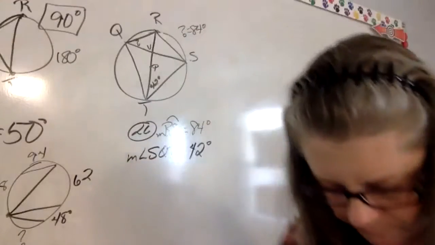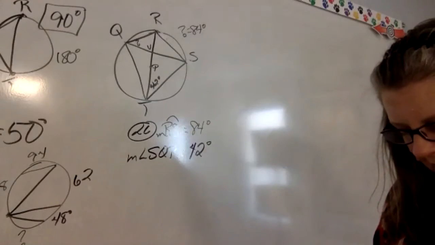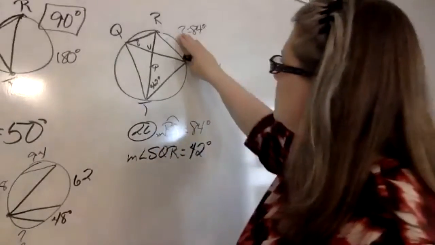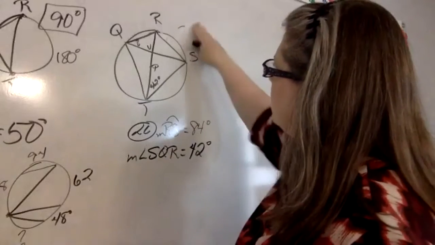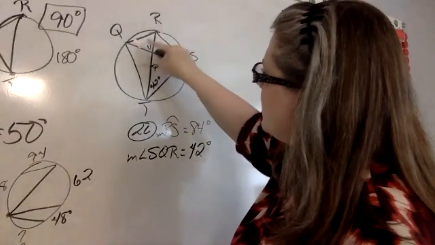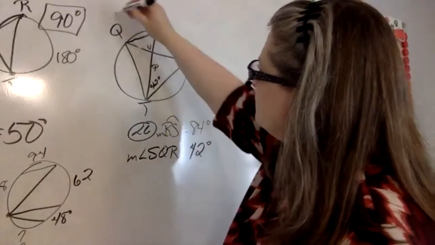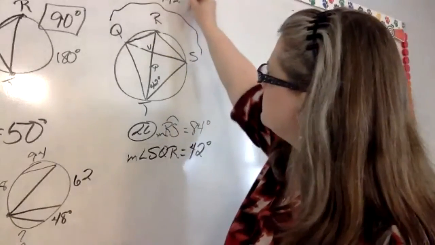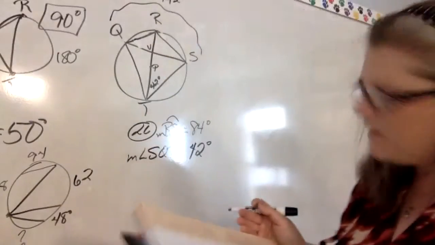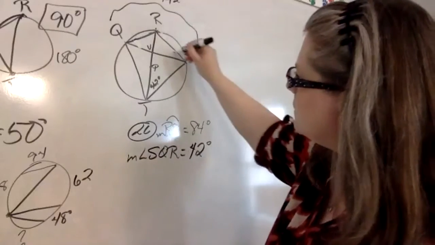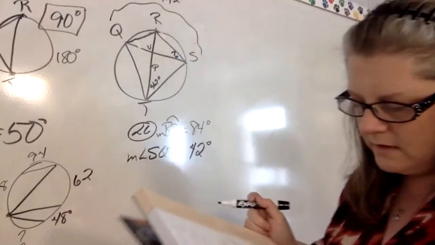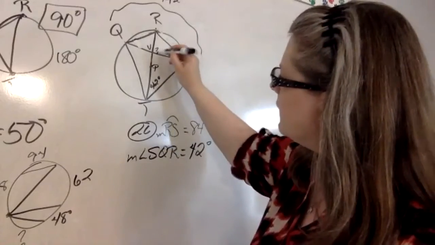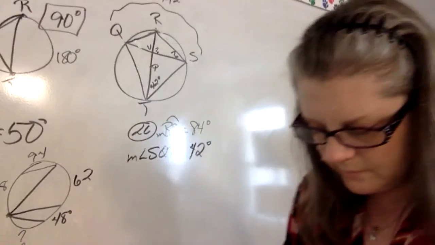parts of the circle. And then 28, if the measure of QS, I'm going to erase that. If the measure of QS, so from Q around S, was 142 degrees, find the measure of RSQ, that angle there, and RUS, that angle there. Okay?